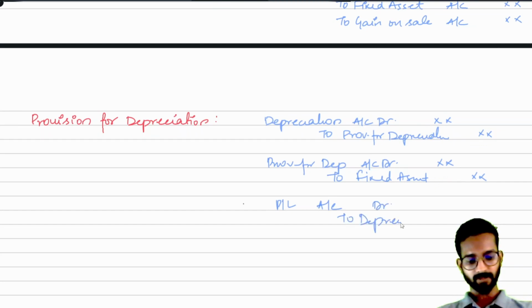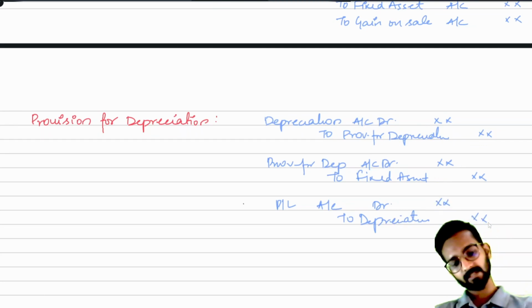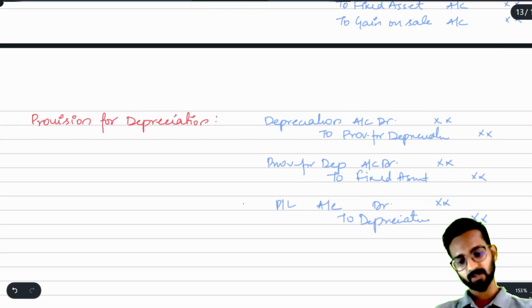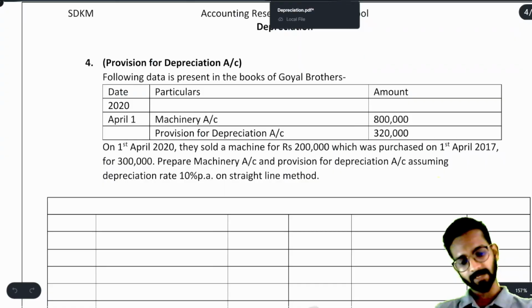This is the same entry, okay. Now this is your provision for depreciation. Now we'll solve a question that will give us more clarity on this topic.